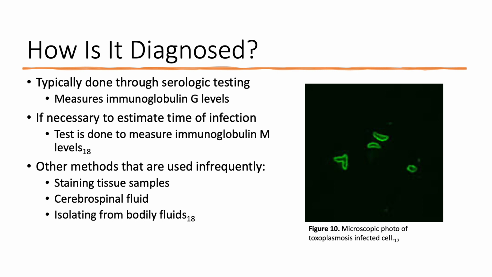contracted this. There are a few other methods that are used to just test for toxoplasmosis, but they aren't used as frequently. A couple examples of these would be staining tissue samples, testing cerebrospinal fluid, and isolating T. gondii from different bodily fluids like blood and saliva and whatnot.